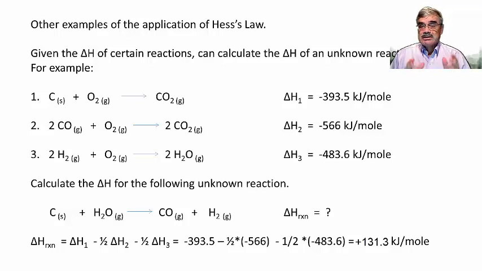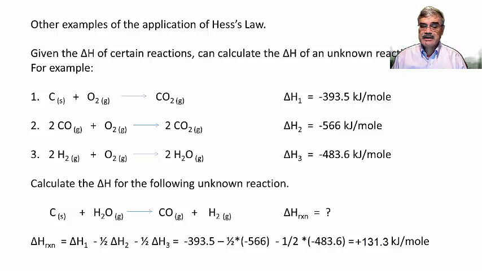But I digress. So here are our three given reactions where the enthalpy changes are given for three reactions. And the question is, can you use these delta H's to calculate the enthalpy change for an unknown reaction? The unknown reaction is carbon solid reacting with water vapor to form carbon monoxide, gas phase, plus hydrogen gas.